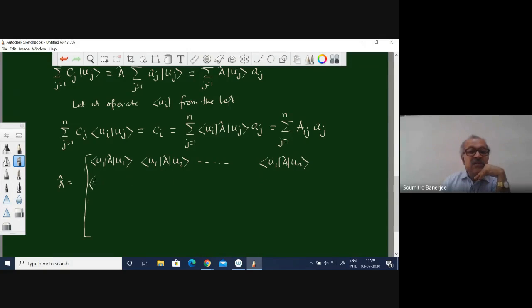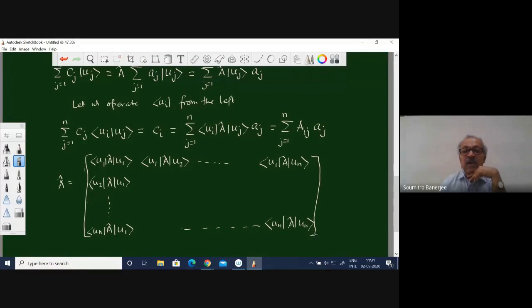Here it is <U2|A|U1>, ultimately you have <UN|A|U1>, and here at the end you have <UN|A|UN>. So effectively the operator is given by a square matrix.